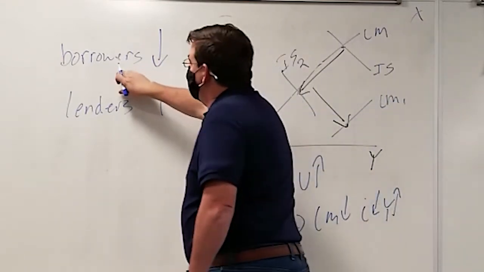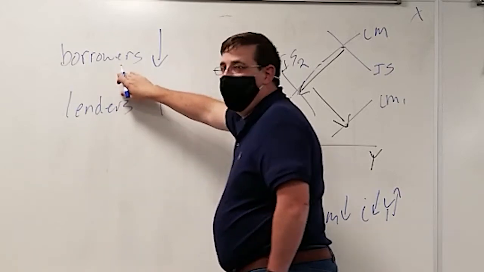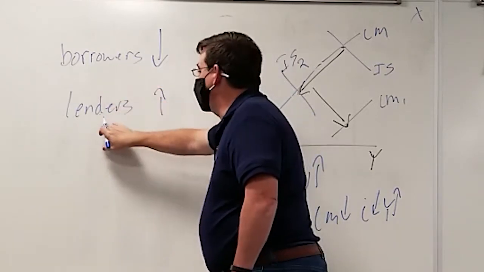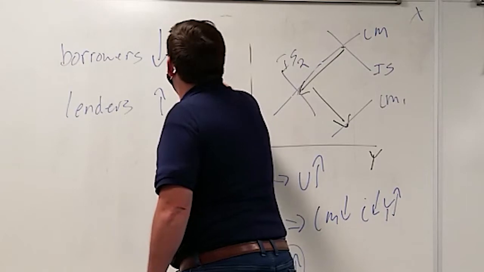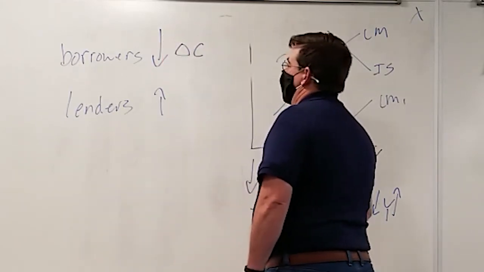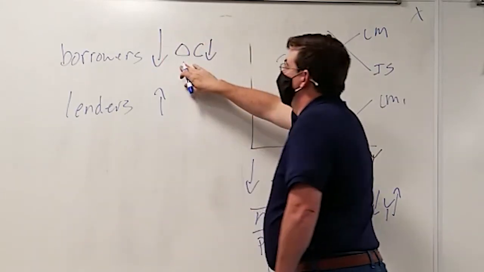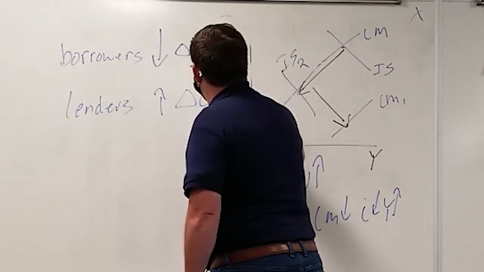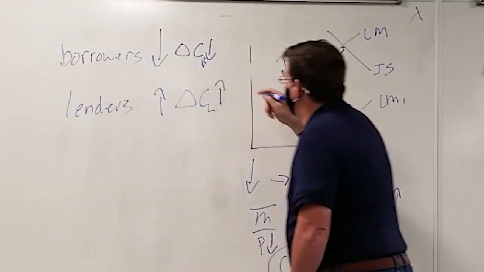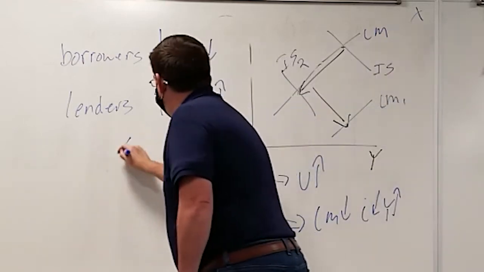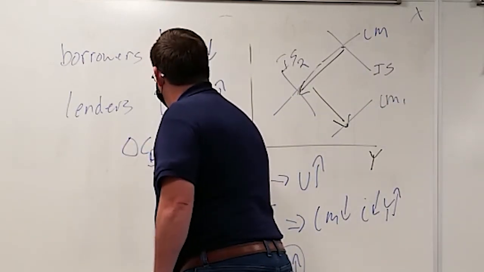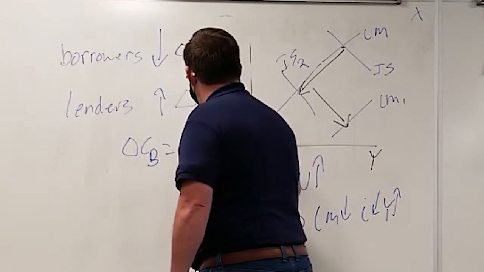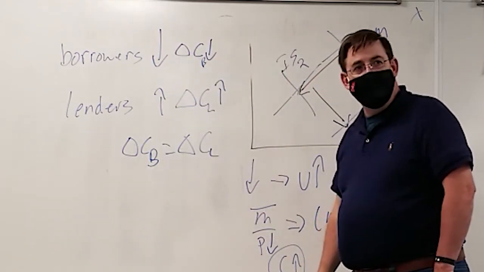But if borrowers are more likely to spend than lenders, so if the change in consumption is negative here, and the change in consumption, so call this B, call this L, is positive, if ΔC_B is equal to ΔC_L, no big deal.